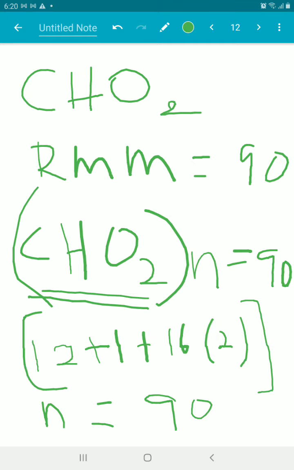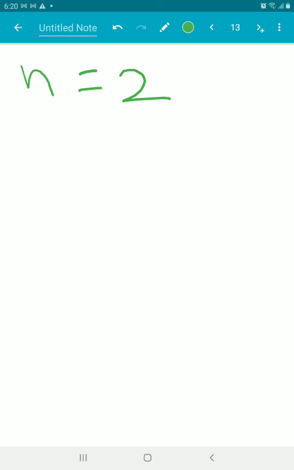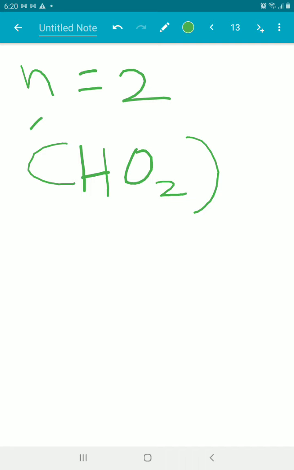Just now it is CHO2, so CnHnO2n after you expand this one.